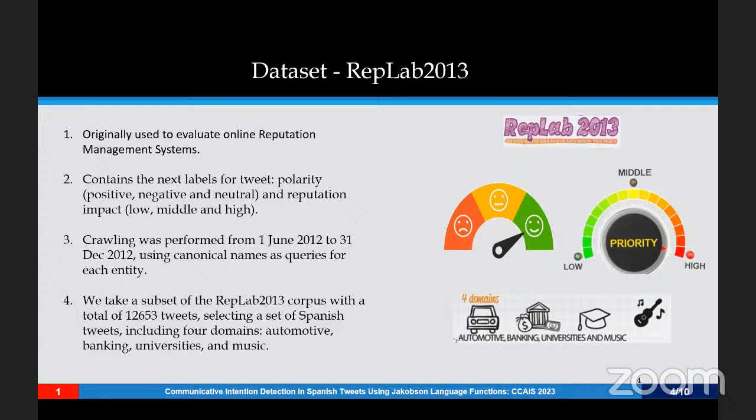At point four, we take a subset of the RepLab 2013 corpus with a total of 2,653 tweets, selecting a subset of Spanish tweets, including 4 domains: automotive, banking, universities, and music.